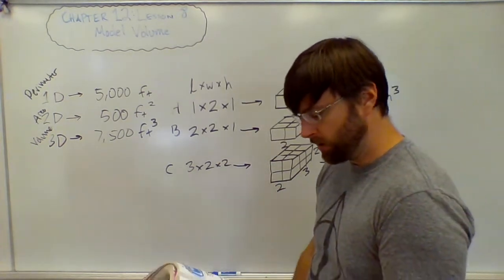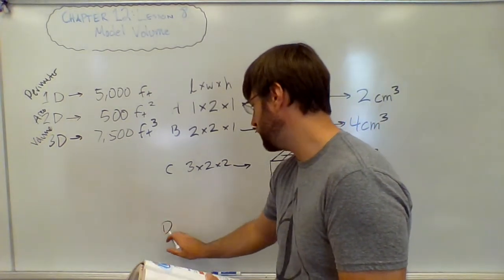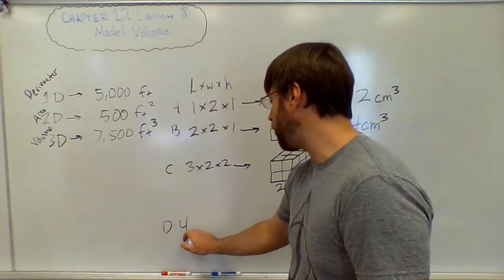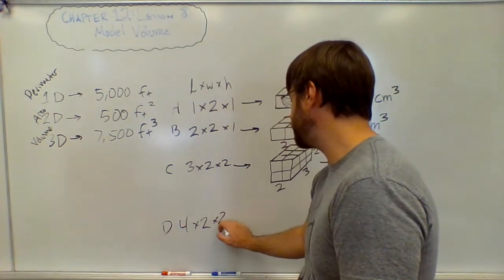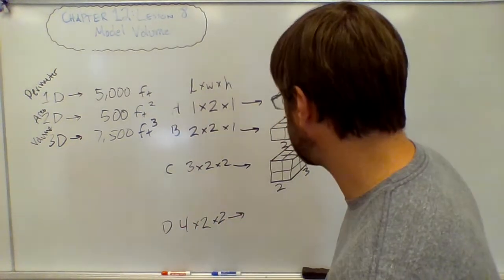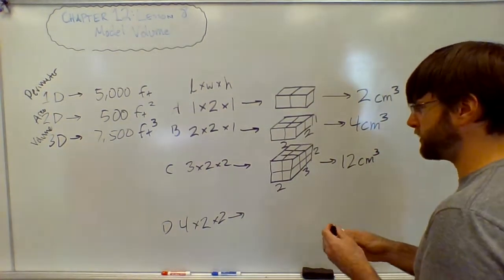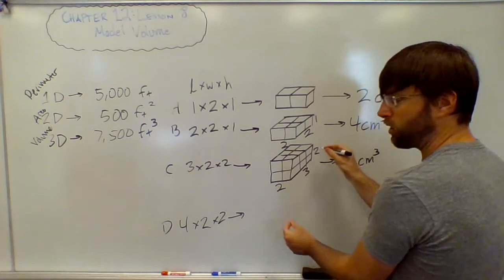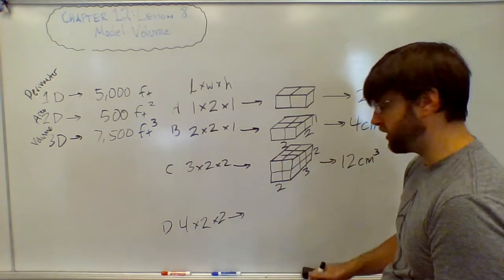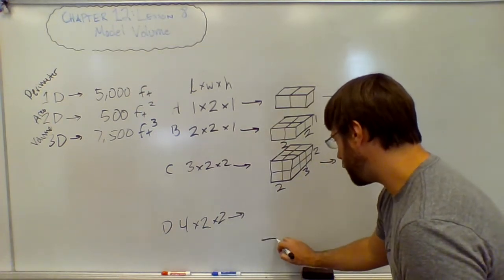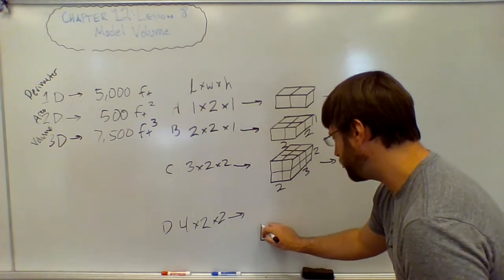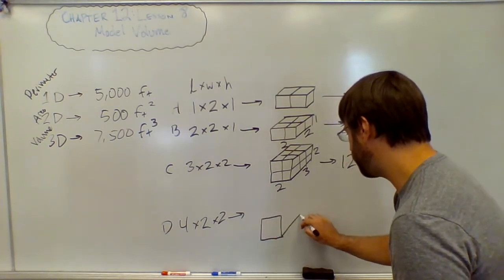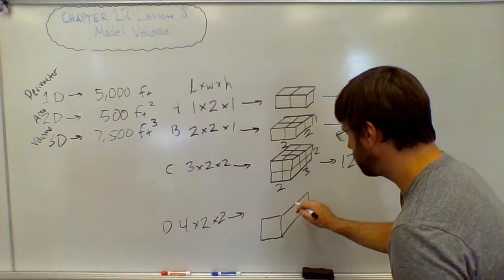All right, last one. A 4 by 2 by 2. So in this particular case, it is the same as this one, except that it's 4 long instead of 3 long. So it's still 2 wide, it's still 2 tall, but now it needs to go 4 long, like this.